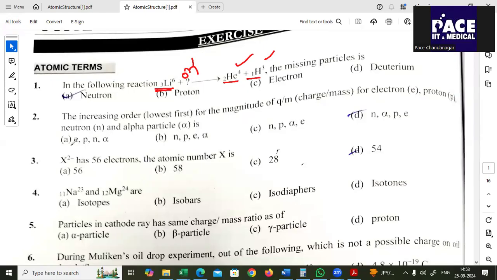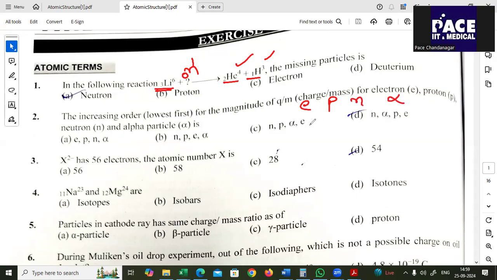Next, number 2, increasing order of the lowest first for the magnitude of Q by M ratio. Charge by mass ratio for the electron. Mass of the electron is very negligible. Proton mass is good enough. Neutron charge is negligible. We are talking about electron, proton, neutron, and alpha.